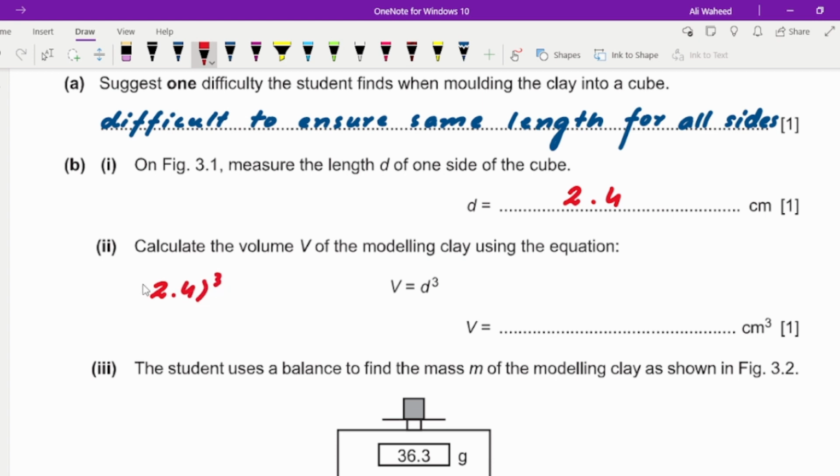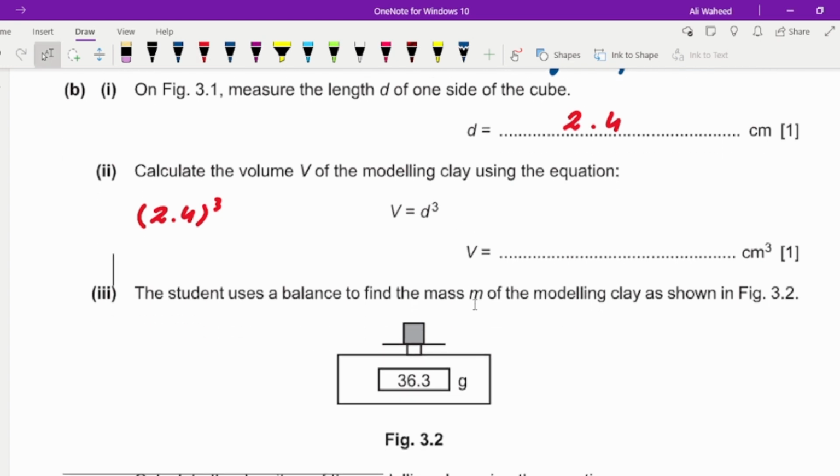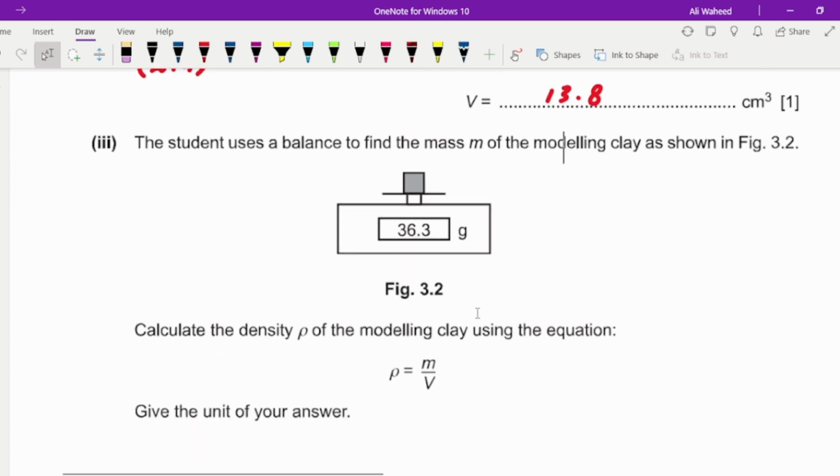We just hit it on the calculator. 13.82. So I'm leaving it with one decimal place. That'll be enough. Alright, then we have the next one.